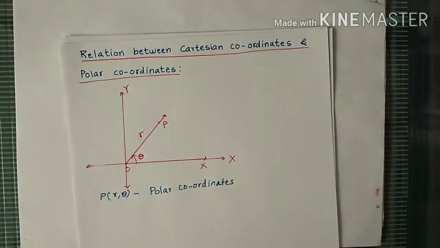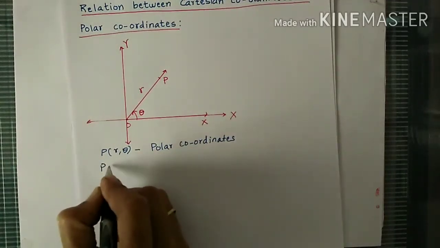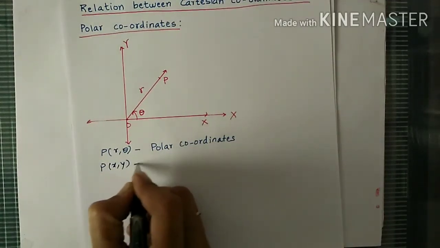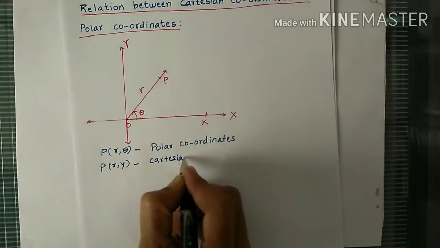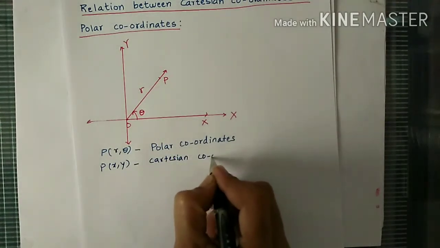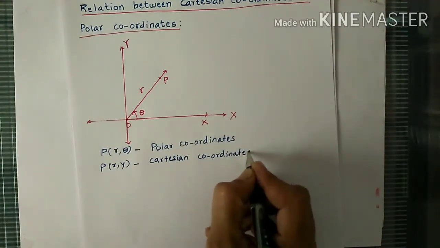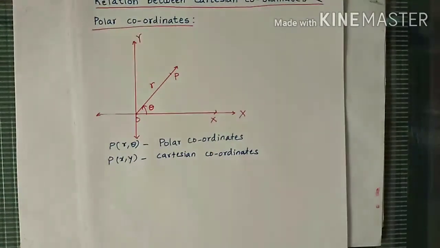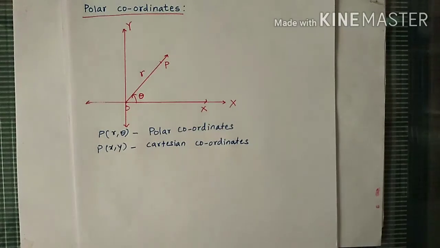And let P(x, y) be the Cartesian coordinates. Now, let's find out the relation between polar coordinates and Cartesian coordinates.